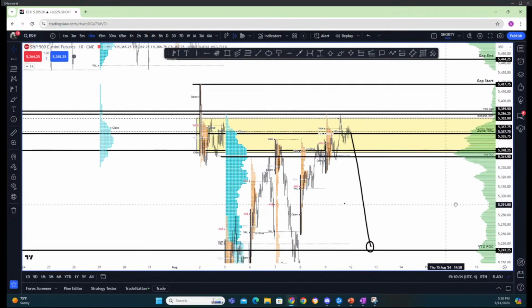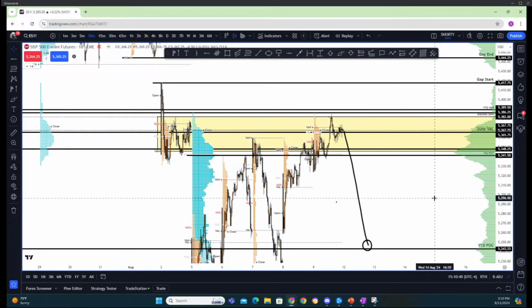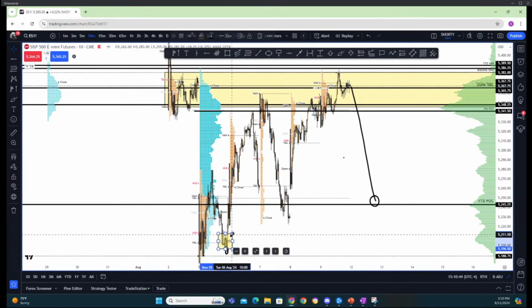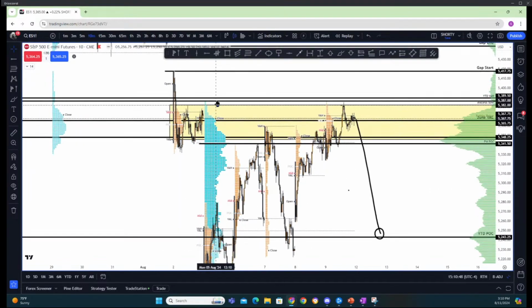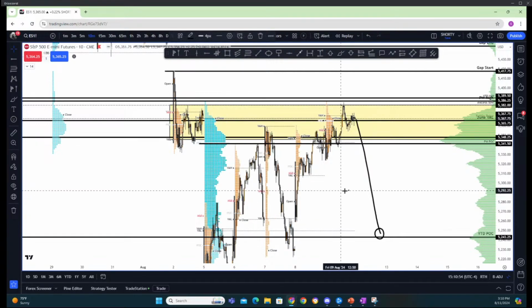If they want to stop the framing on the weekly framing down, what do they need to go above? Previous week high, which would be sitting right here. So if they want to stop the framing on a weekly, they have to go there.